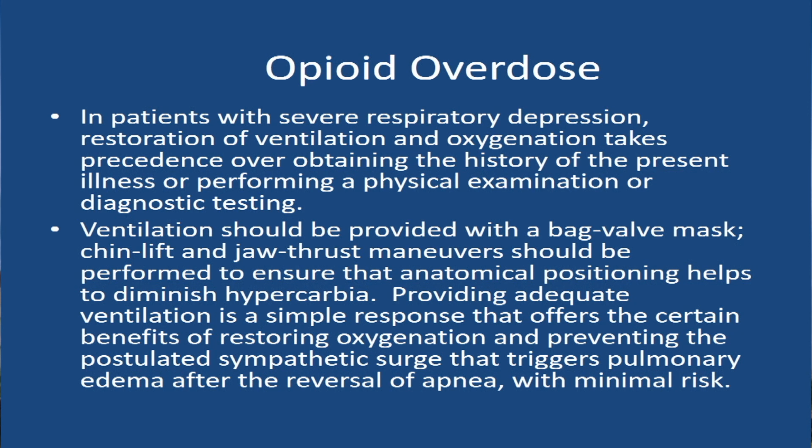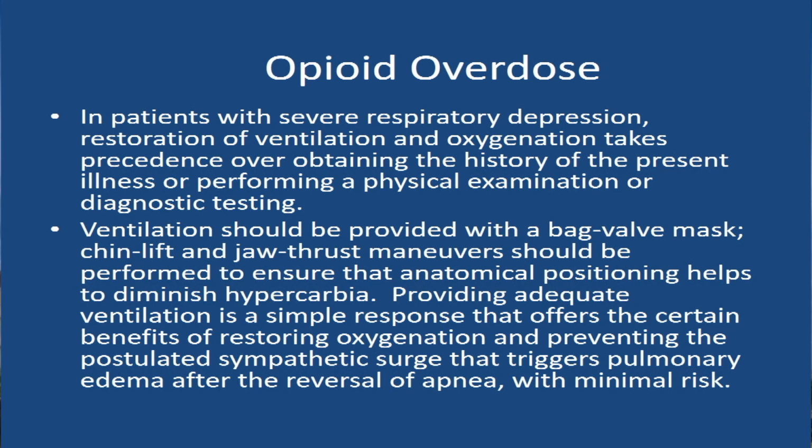If you're looking at your hypercapnia and you see the elevation of your CO2 levels and your numbers start to increase, you want to get more ventilation occurring, and you can do that by ensuring that the patient has a jaw thrust, and you perhaps have to go to providing adequate ventilation, which offers certain benefits for restoring oxygen. And you do that with a bag valve mask, preventing the postulated sympathetic surge that triggers pulmonary edema after reversal of apnea with minimal risk.